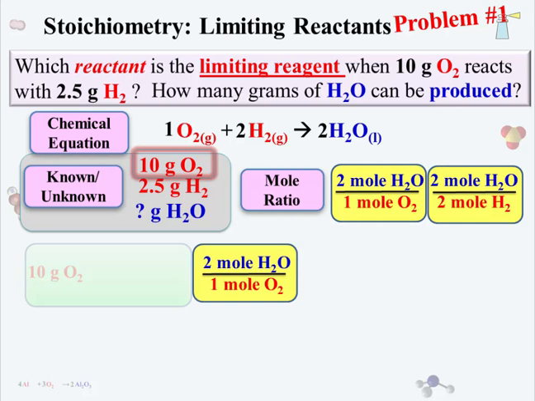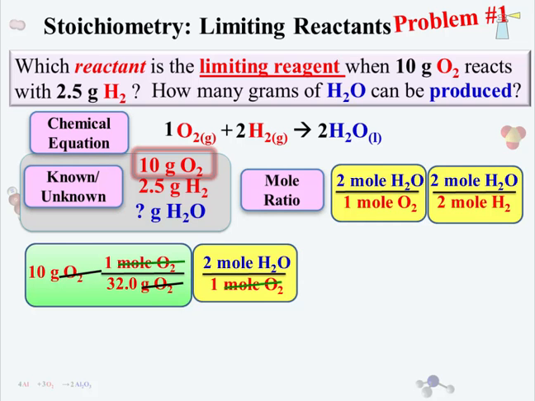Step 4 is getting the 10 grams of oxygen into moles of oxygen. The conversion factor needed here is the molecular weight of oxygen, with grams of oxygen in the denominator, so that they cancel out with grams of oxygen in the given amount. Moles of oxygen also cancel out, leaving moles of water.